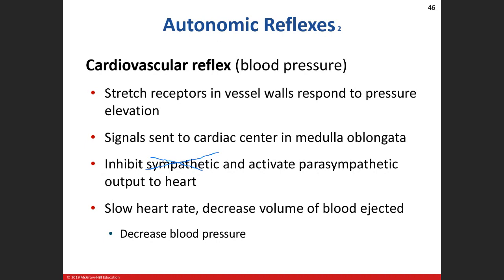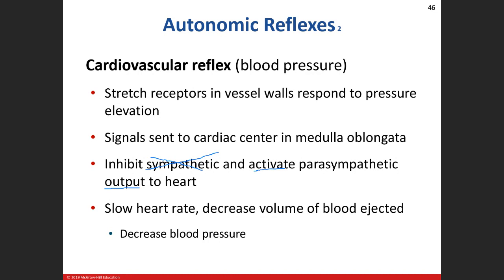The sympathetic nervous system increases the heart rate, so if we inhibit that, we're not going to be able to increase the heart rate. What we can do is decrease the heart rate. How do we do that? We activate the parasympathetic nervous system, specifically the vagus nerve, cranial nerve 10. That will decrease what we call cardiac output.